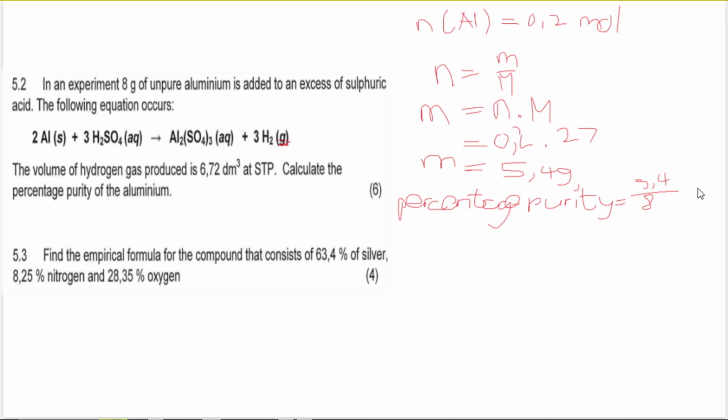And because it's a percentage, we times it by 100. And if you put that in a calculator, you should get a value of, let's see if it's a nice number. That's a nice number. 67.5%.